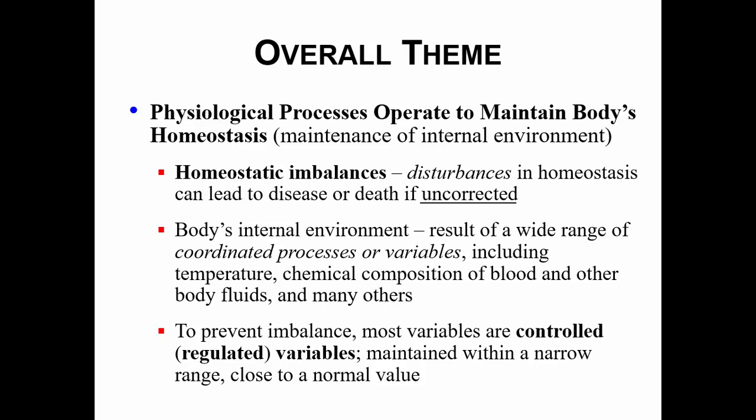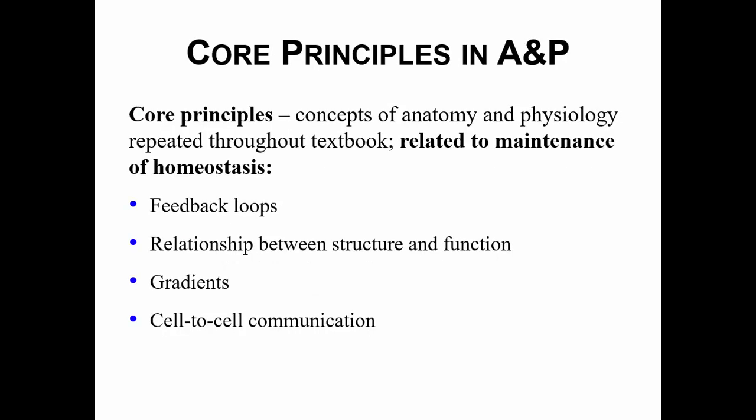When your body temperature goes up and you get a fever, you've got a homeostatic imbalance. So your body tries to fix it. If your body temperature drops, you have a homeostatic imbalance. So your body tries to fix it. And just to be honest with you, a lot of times we will actually use medicines to help because our body can't do it by itself.